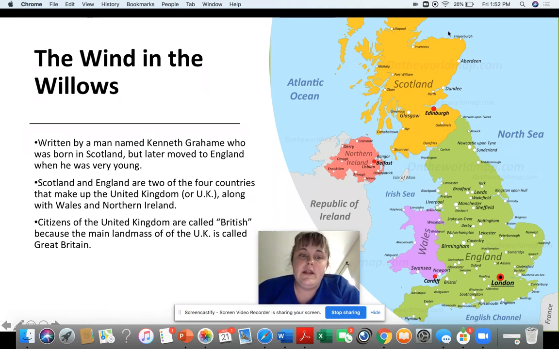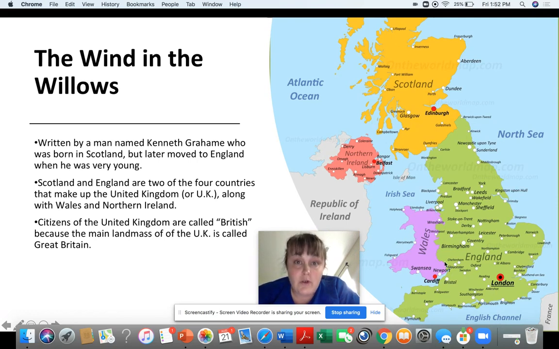And the United Kingdom is made up of 4 countries: Scotland, England, Wales, and Northern Ireland. And citizens of the United Kingdom are called British because the main landmass of the UK is called Great Britain. Okay, so our author Kenneth Grahame was born in Scotland and later moved down to England.